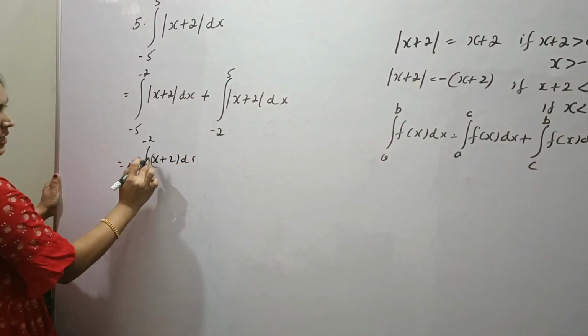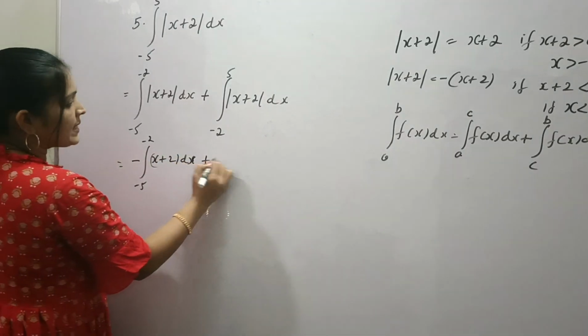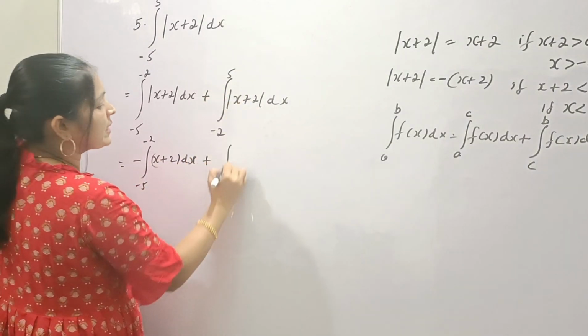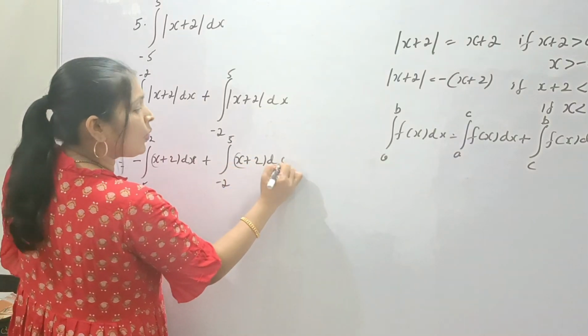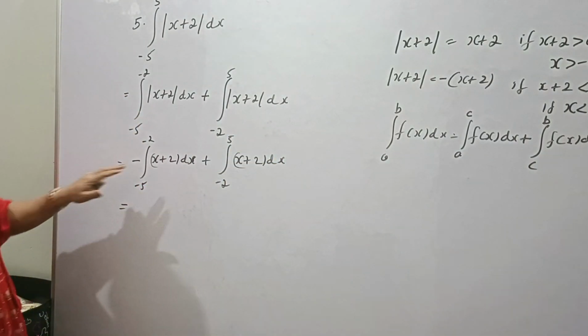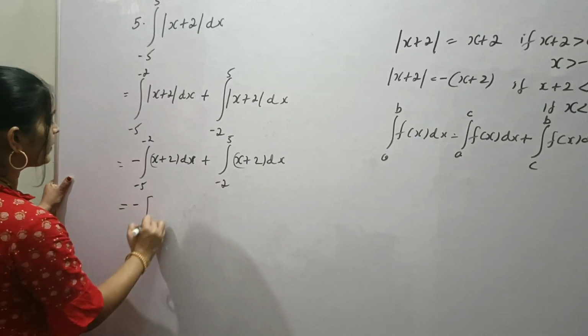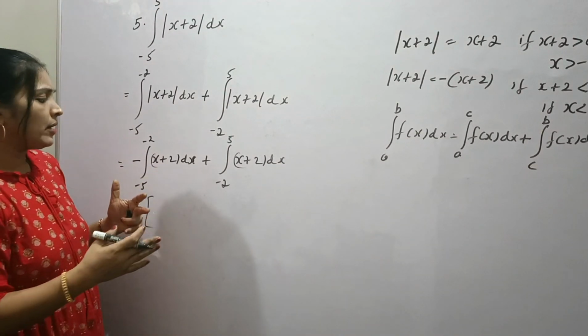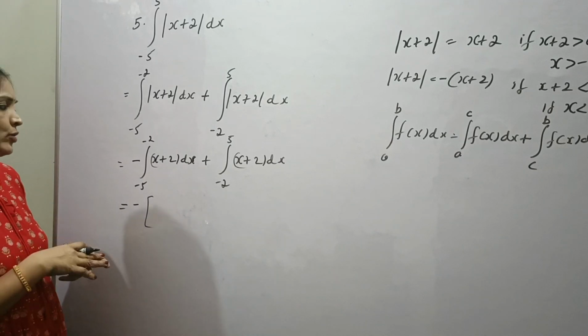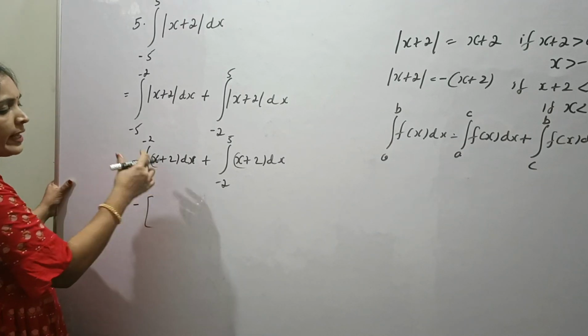Or you can write minus of x plus 2, plus here it is plus itself, integral minus 2 to 5 x plus 2 dx. Now integrate it. You can integrate separately, or directly integrate x plus 2 taking it as x.